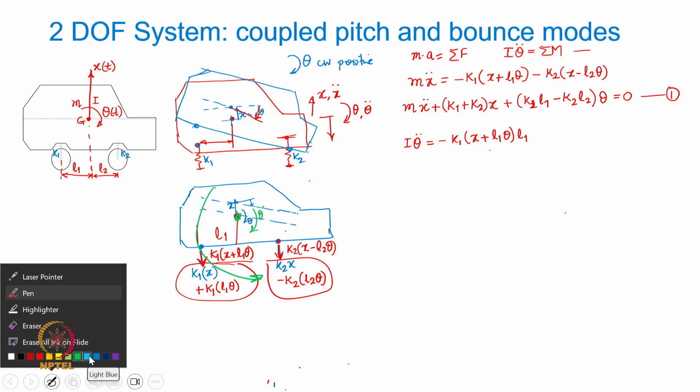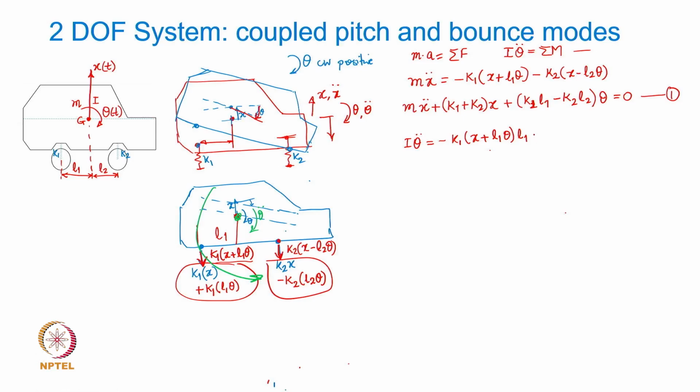Now coming back to the other moment that is in the same direction as the angular acceleration theta double dot. So this is going to be plus K2 into x minus L2 theta into L2. So that basically is the equation of motion applying Newton's second law. K2 into x minus L2 theta is acting at a distance of L2, and this one was L1.